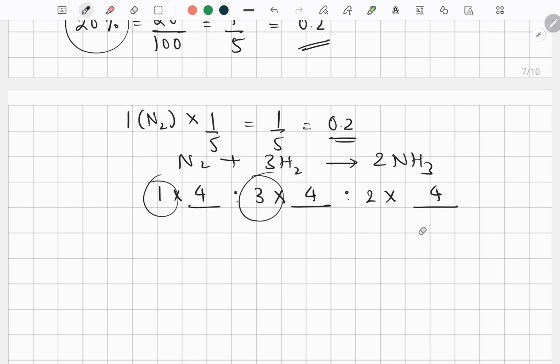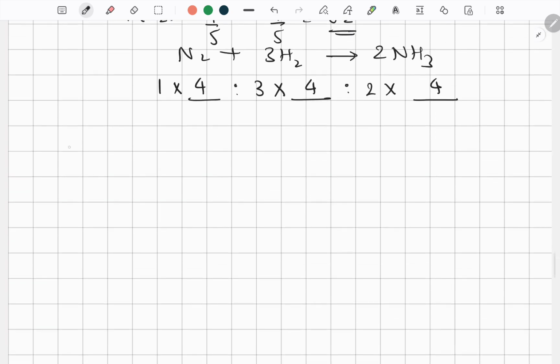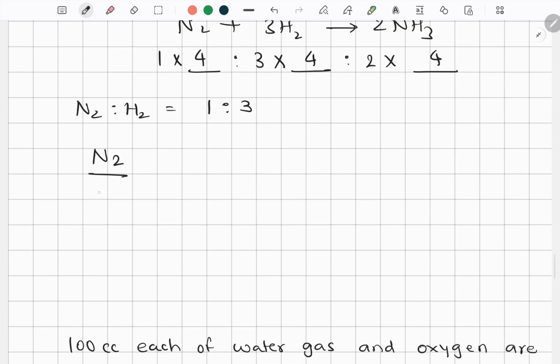On the basis of that, what is the ratio of nitrogen to hydrogen? 1 is to 3, correct? So if we take N2 by H2, it is going to be 1 by 3, that is 1 into 1 by 5 and 3 into 1 by 5. I am dividing and multiplying with the same number, that means I am adding nothing. What is 1 into 1 by 5? 0.2.